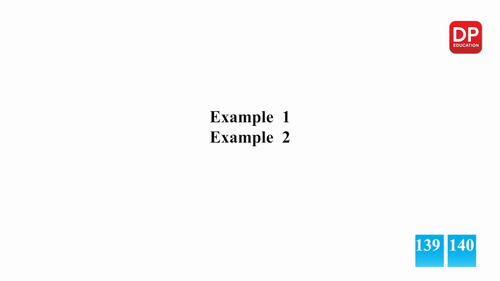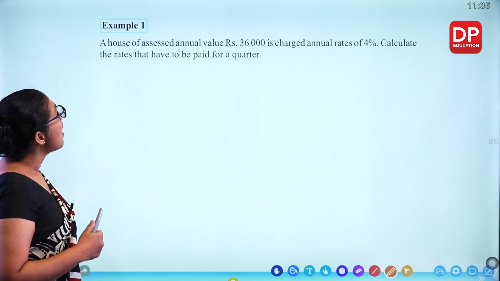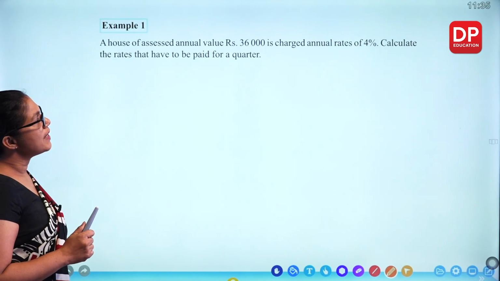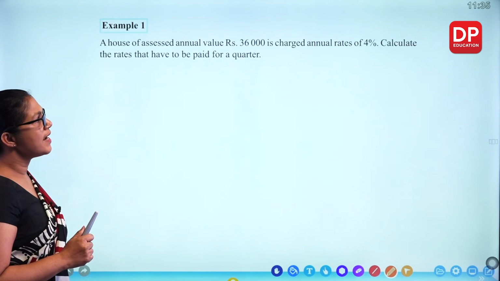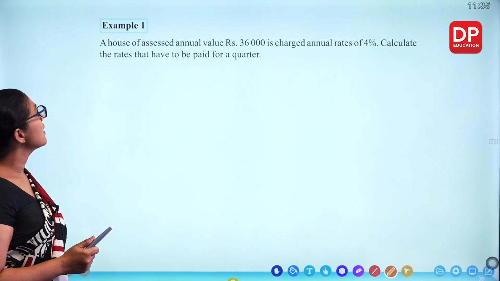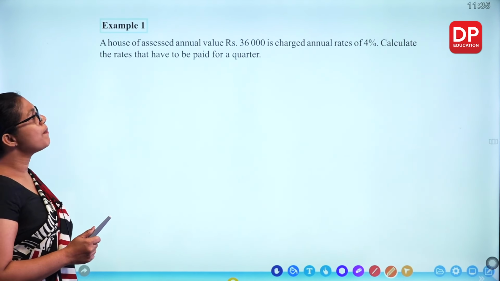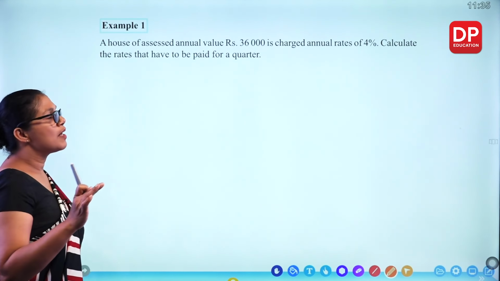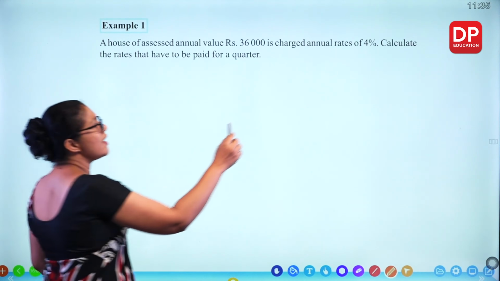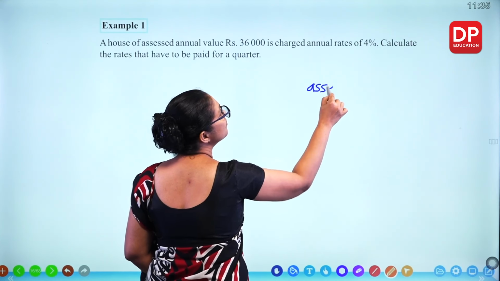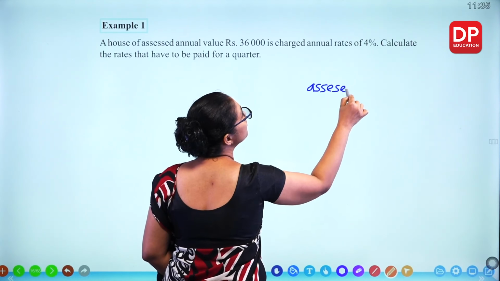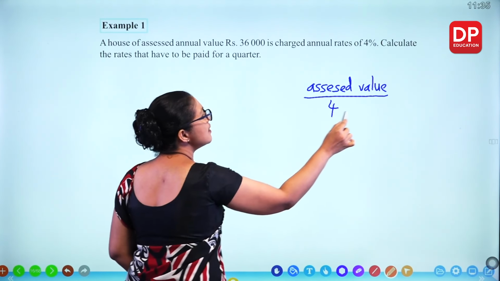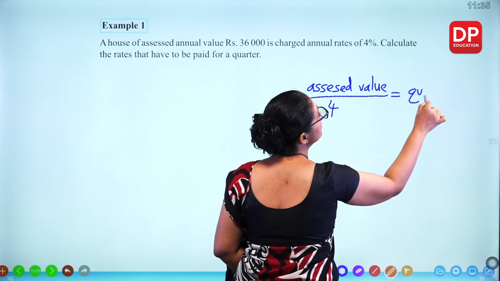Now we'll look at example 1. A house of assessed annual value 36,000 rupees is charged annual rates of 4%. Calculate the rates that have to be paid for a quarter. Quarter means 4 equal parts. The assessed value divided by 4 is the quarterly value.